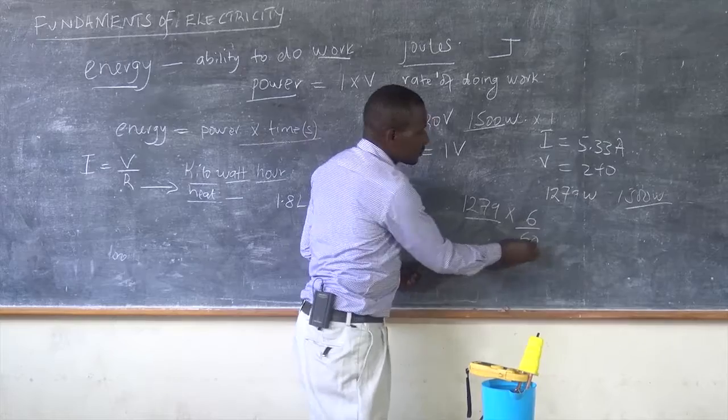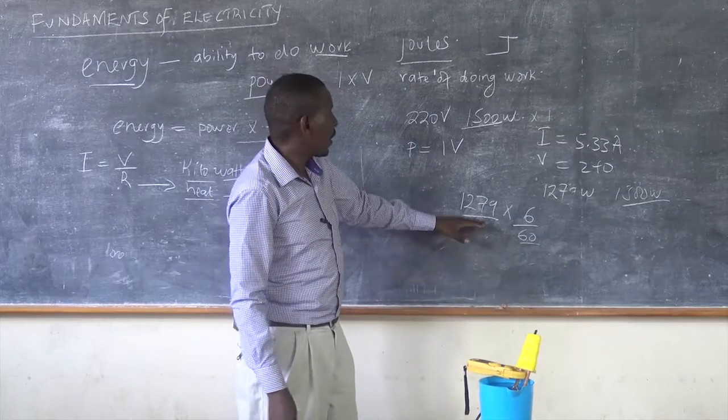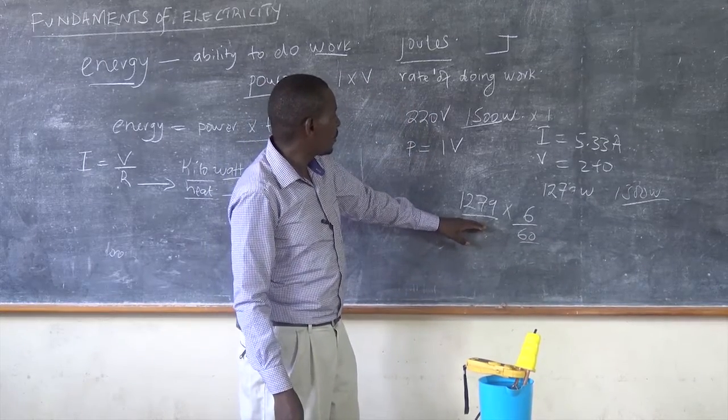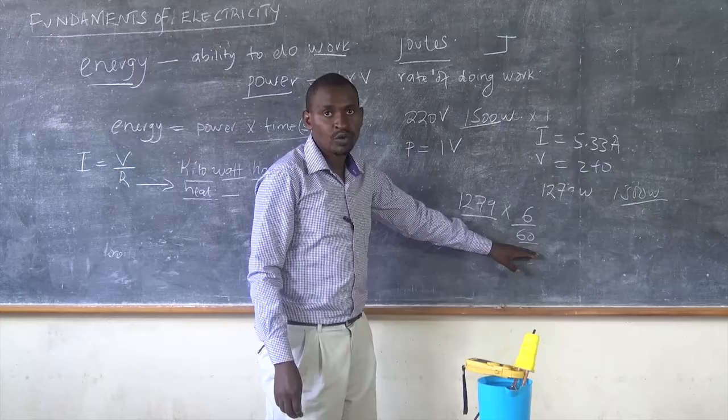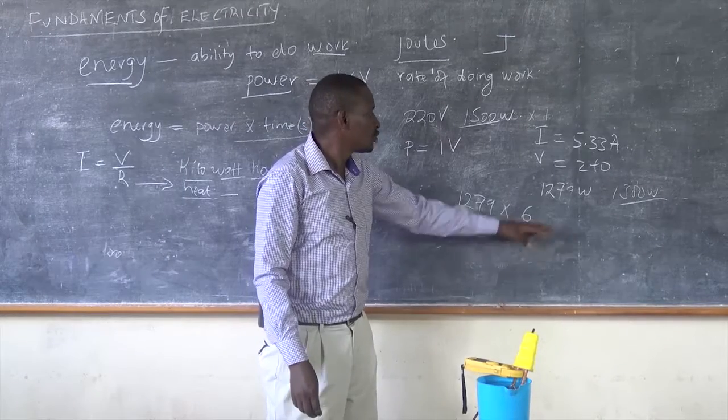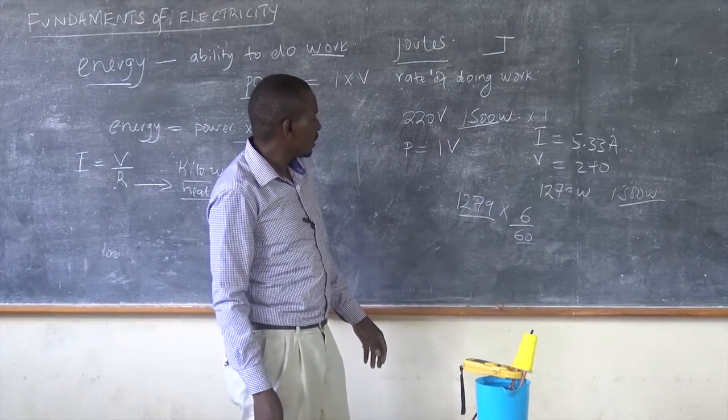So we multiply our power times time, so that we get the amount of energy that we have used.